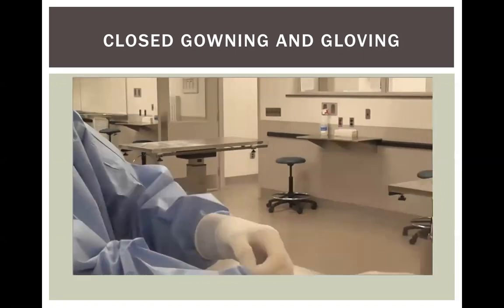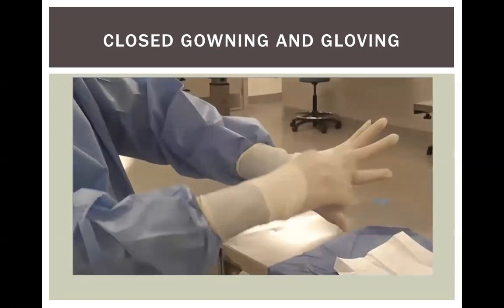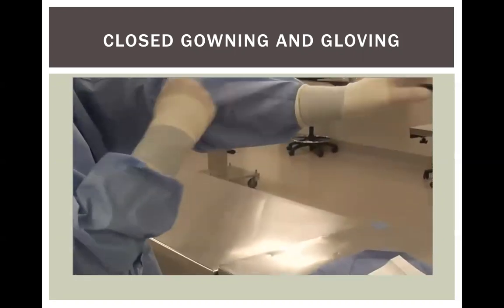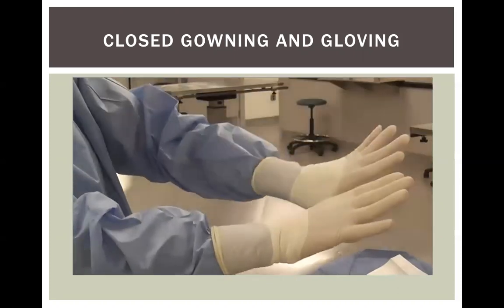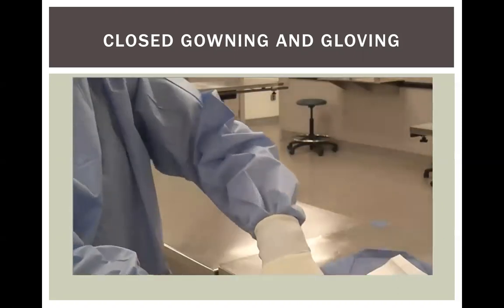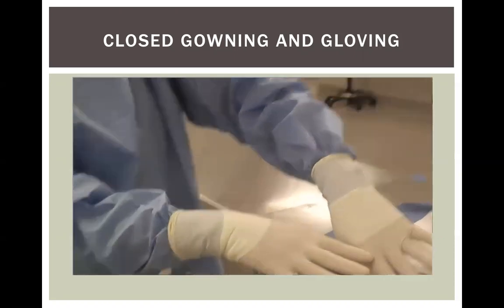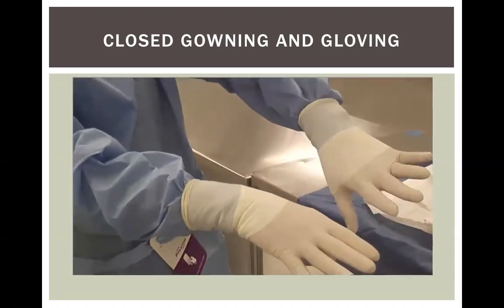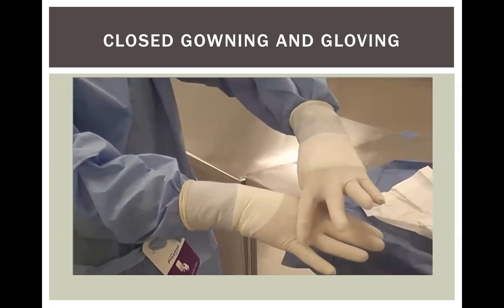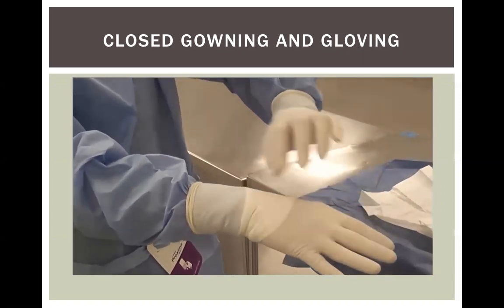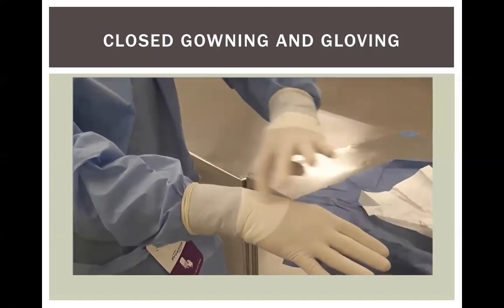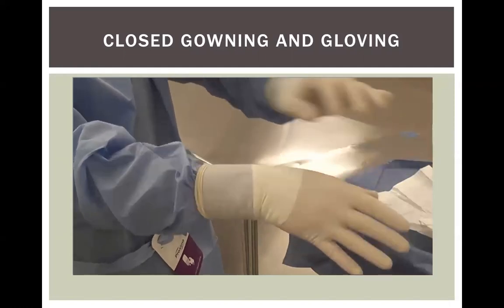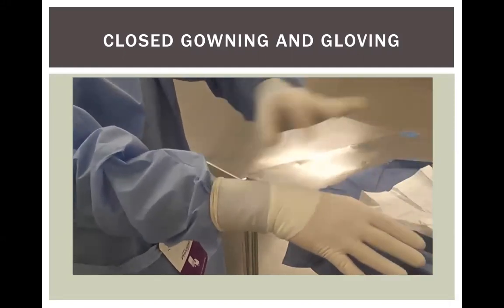Once I have both my gloves on, I can fix them so that they're comfortable, make sure my gown's not bunched up. The sleeves are typically very long. So you notice the cuff is down further on one hand than the other. That's okay. It can be anywhere from the ends of your knuckles up, but you want to make sure that the cloth portion of the gown is completely covered by the sterile latex gloves.